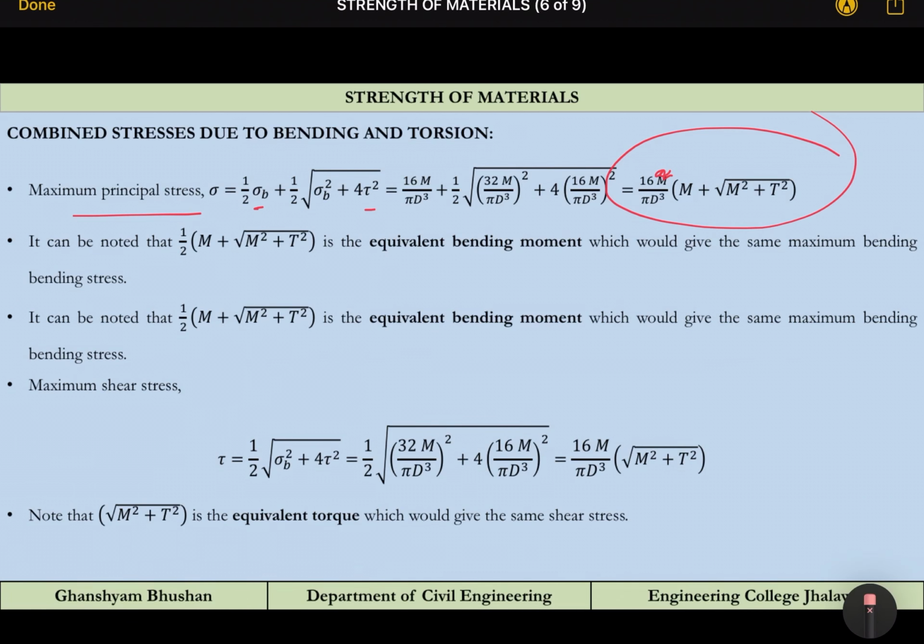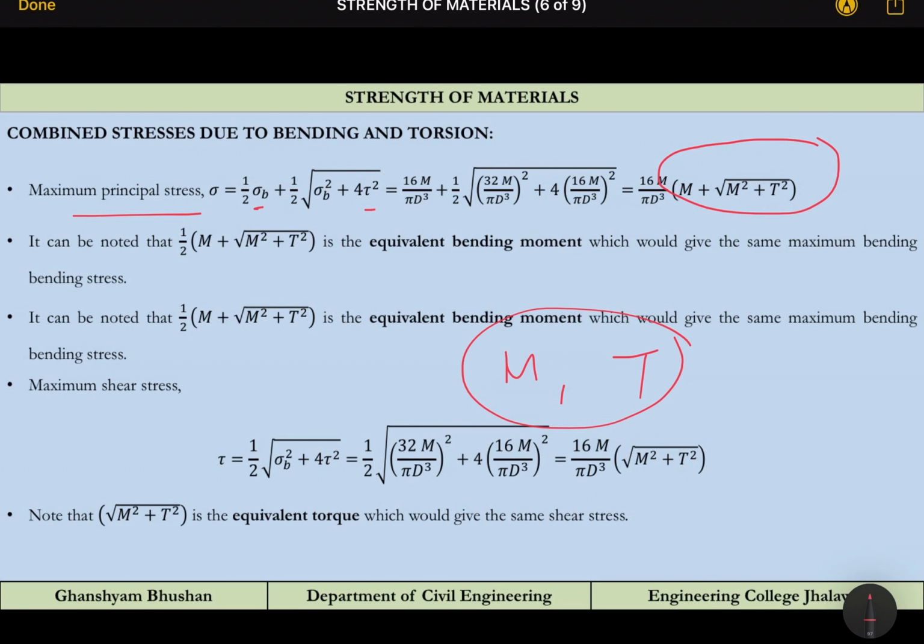This value is the equivalent bending moment, which would give the same maximum bending stress. So if M and T, which were applied before, are replaced by M plus root of M square plus T square, it will give the same bending stress.